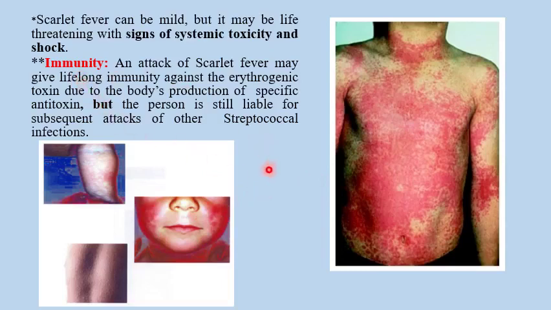Immunity. An attack of scarlet fever may give lifelong immunity against this erythrogenic toxin. يعني معناها the body produces specific antitoxins against this toxin. فالشخص اللي suffer from scarlet fever once doesn't suffer again from scarlet fever. بس ده مش معناه ان هو اصبح immune to all streptococcal infections, of course, but the person is still liable for subsequent attacks of other streptococcal infections, not due to the toxin. يبقى هو اصبح عنده immunity against the toxin only, not against the streptococci in general.